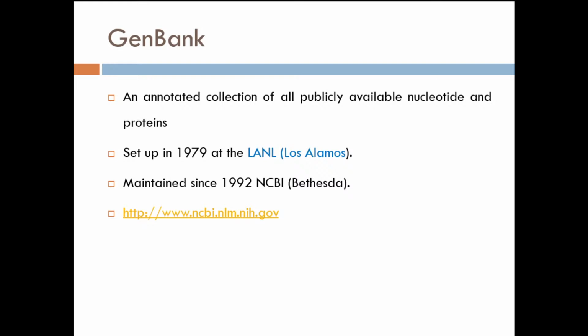The GenBank. What is GenBank actually? It is an annotated collection of all publicly available nucleotide and protein sequences. See the contradiction here. Till now, I said that GenBank is a nucleotide database. Then you see one contradiction: here it is written publicly available nucleotide and proteins.